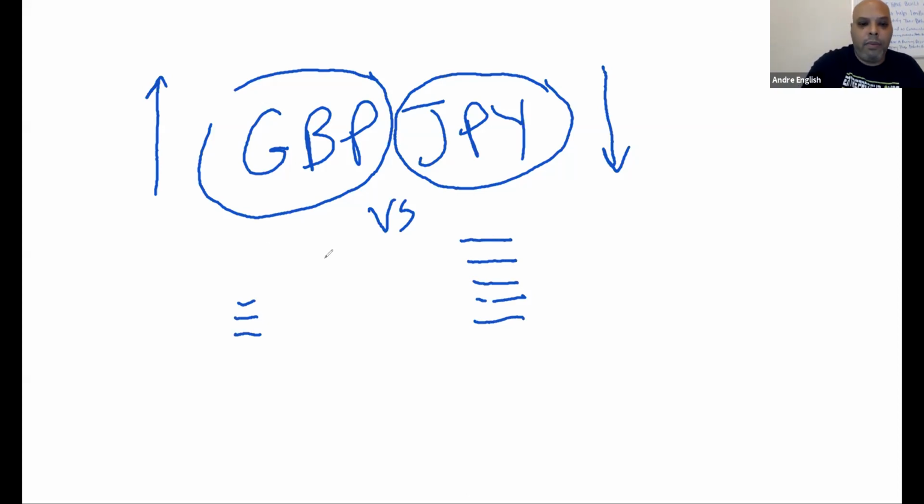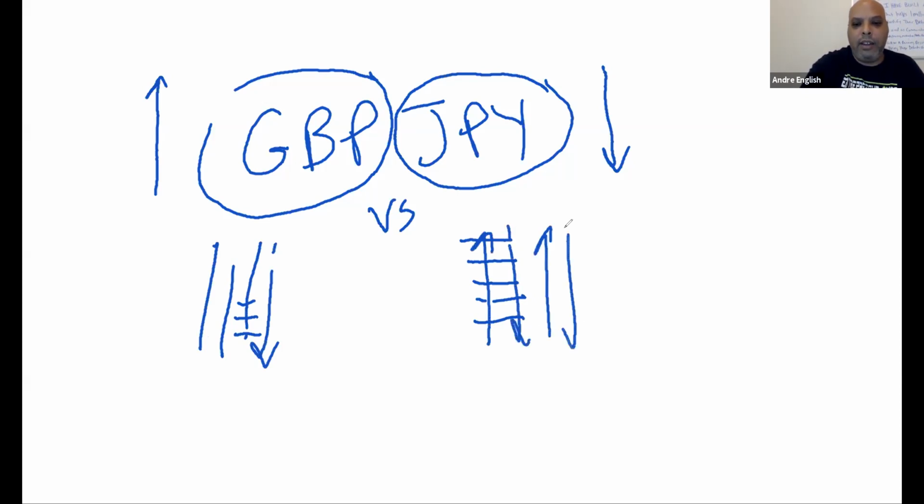They go up and they go down, up and down. Same thing on this side, up and down, up and down. And so what that tells us is that we can use it as an additional confirmation as to when to enter the trade, okay?